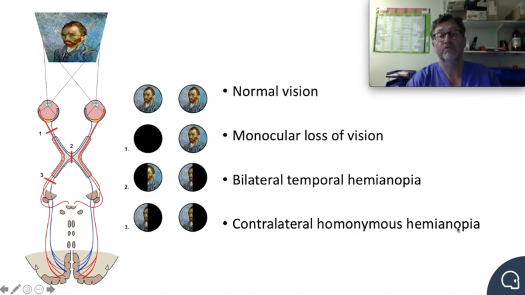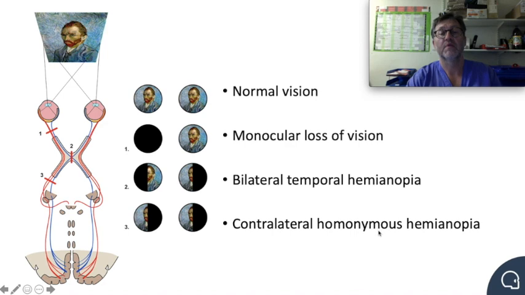Still half a visual field, but it's a complete side. So here you can see we've lost the whole of this side of Van Gogh. It's been cut off, a bit like his ear, because the site of disease or injury process is posterior to the optic chiasma. And that's a contralateral homonymous hemianopia.